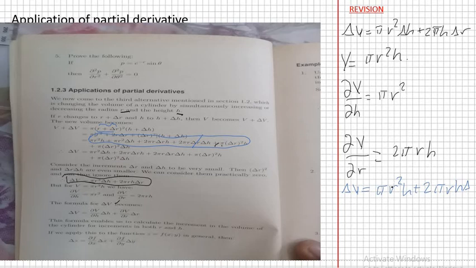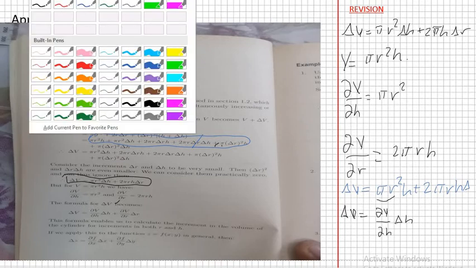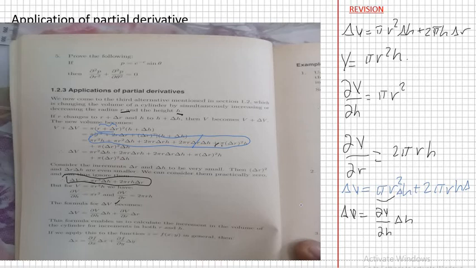In the first term, here you can see we have pi r squared. I can replace it by the partial derivative of the volume with respect to h, and then I multiply it by the change in h.